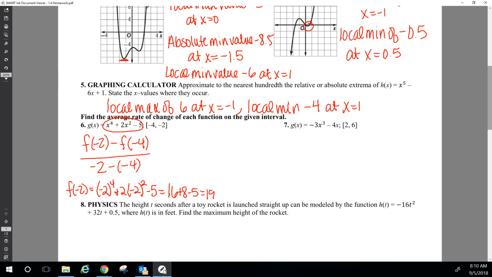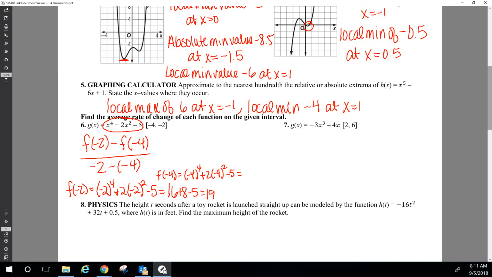And I also need to know what is f of -4. Let's try to squeeze it in here. So f of -4 would be -4 to the 4th plus 2 times -4 squared minus 5. Let's see, -4 times -4 is 16, times -4 is -64. 64 times 4, I don't have quite memorized.